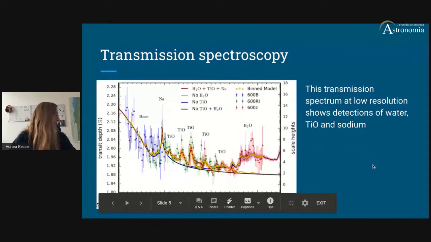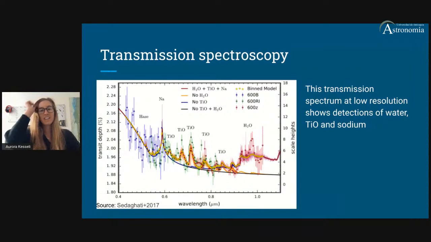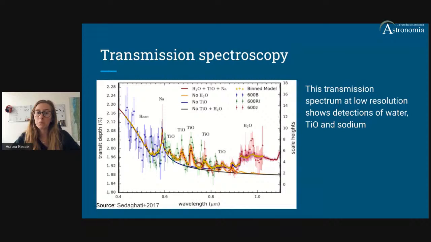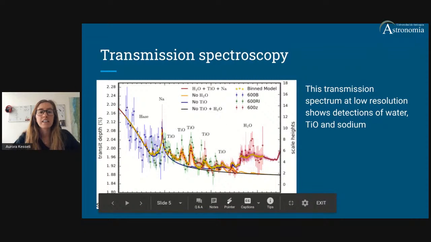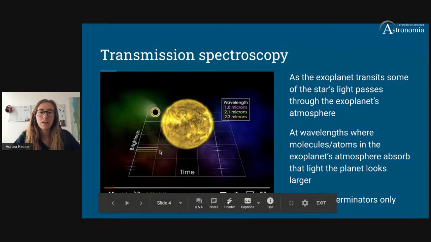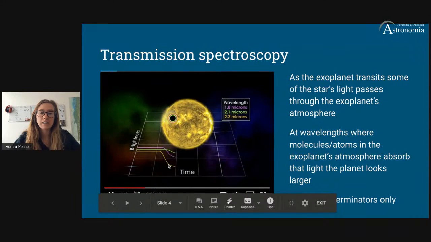So this is what it actually looks like when you do transmission spectroscopy at low resolution. This is data, I think, from the Hubble Space Telescope, showing a transmission spectrum of a hot Jupiter exoplanet. Each of these points is a different wavelength, and they're showing you the transit depth. In this plot, the transit depth is this decrease in brightness here.